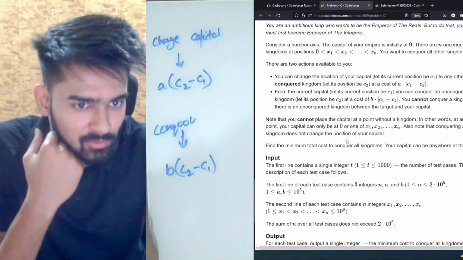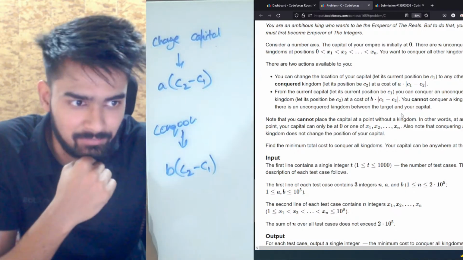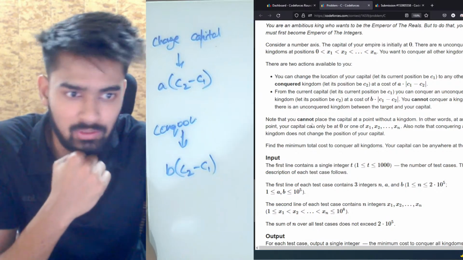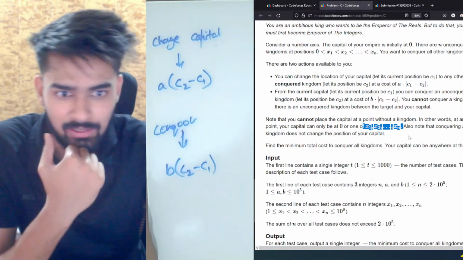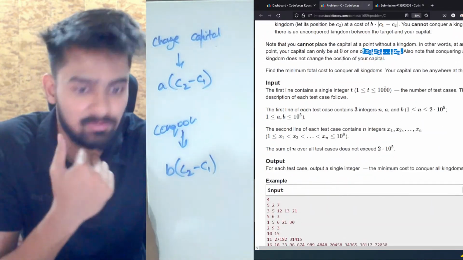Note that you cannot place the capital at a place without a kingdom. In other words, at any point, your capital can only be at 0 or one of the other indexes. Also note that conquering a kingdom does not change the position of the capital.